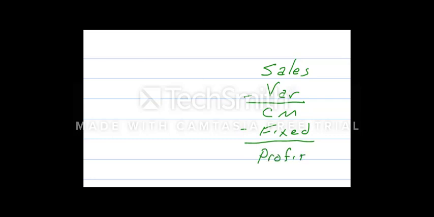The formula for calculating sales, we have to take the quantity sold times the selling price. The selling price will almost always be given to you. That will give you your sales. For variable cost, you have to take the quantity sold times the variable cost per unit, which will also almost always be given to you, and that'll give you your variable cost.